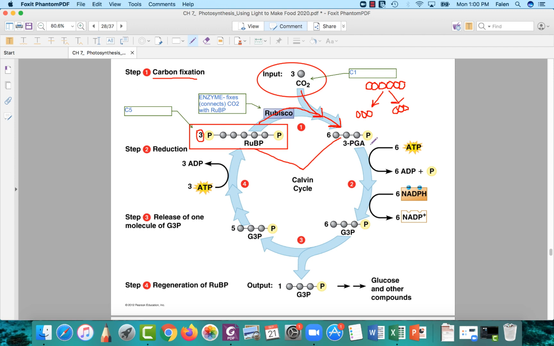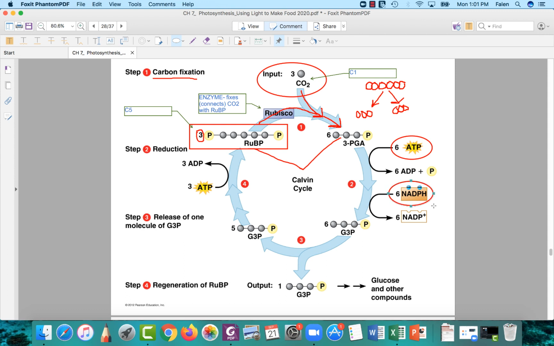Okay, great, PGA, fine, but that's not what we want. We want G3P. Okay, so how do we get it? Well, we use our resources from the light reaction. So we're going to have to invest energy, and there it is. We're going to take 6 ATP, and we're going to change PGA into what we want, and we're going to need hydrogens to do that and rearrange this molecule.